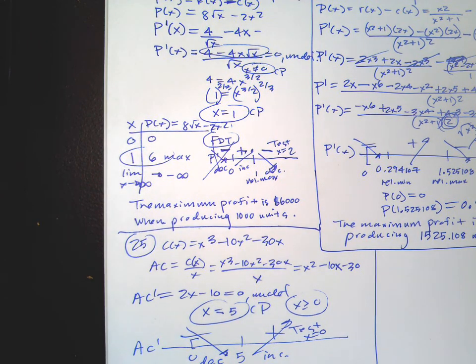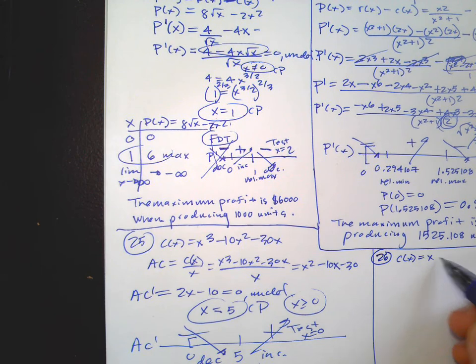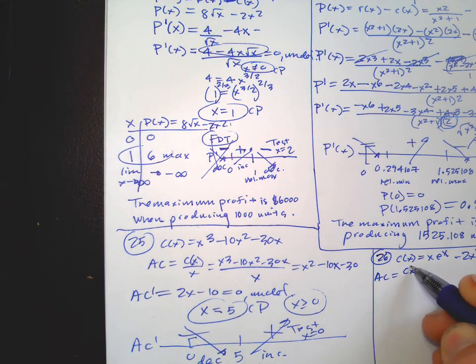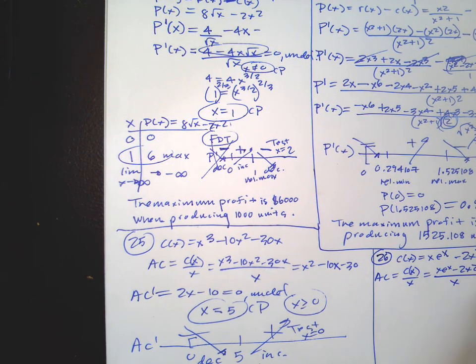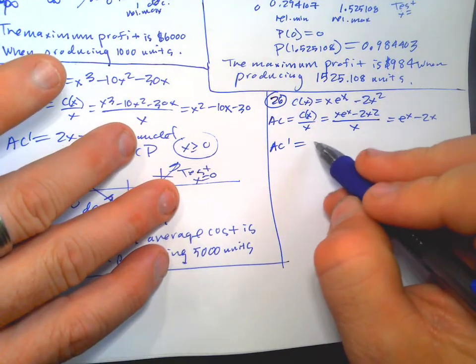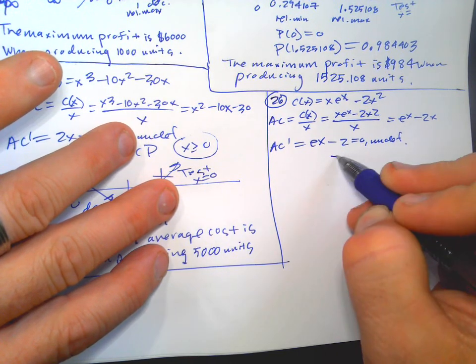We have another minimizing average cost problem. So 26, cost is x e to the x minus 2x squared. So we could look for average cost. Average cost, take the derivative of it, say equals 0 and solve it.